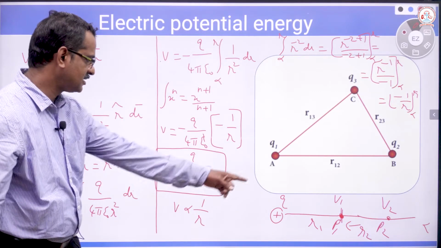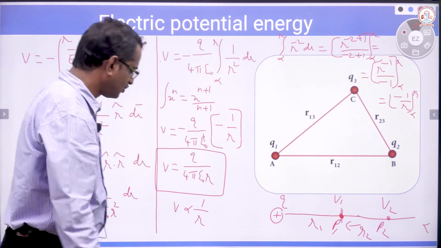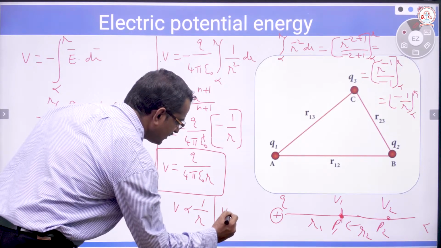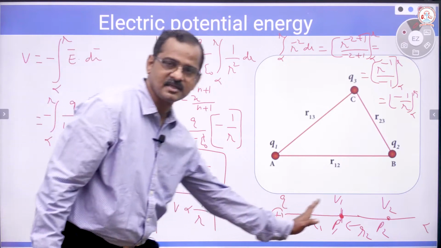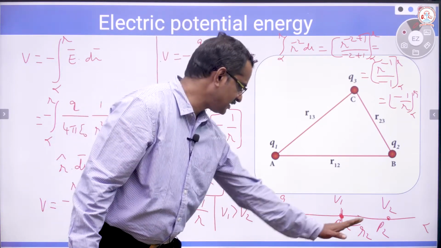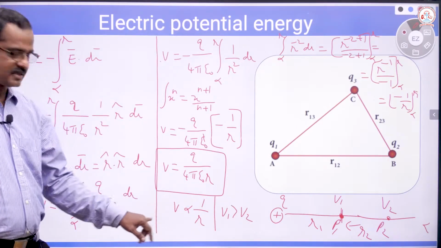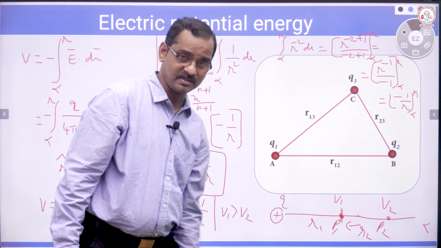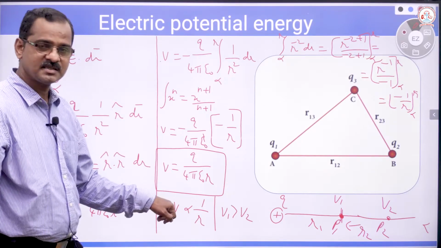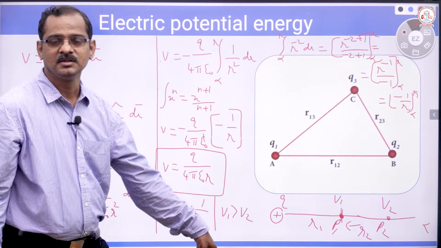Obviously, V1 will be greater than V2, because as distance increases, potential decreases. Potential is inversely proportional to distance.